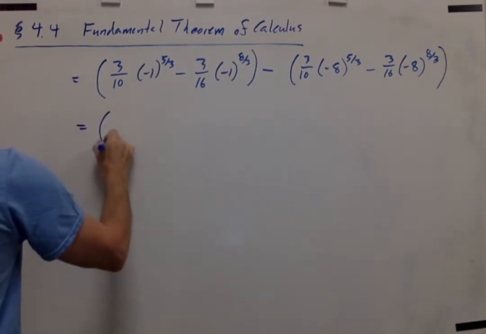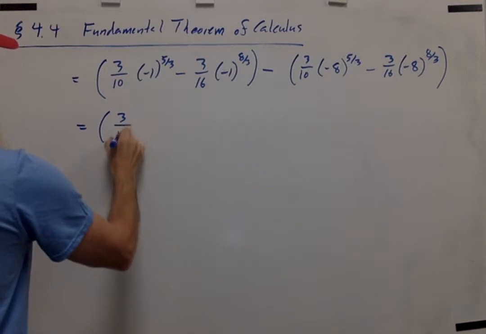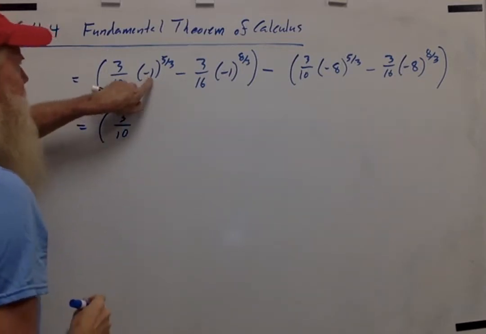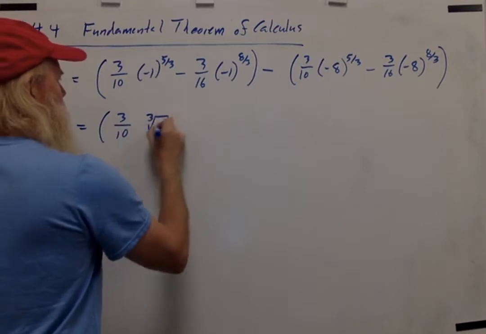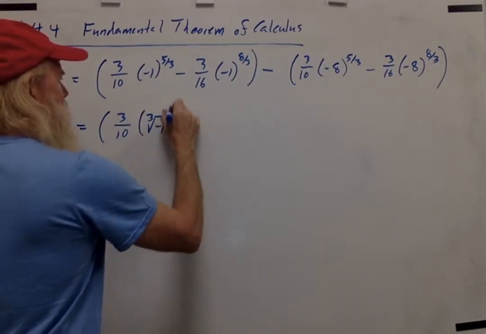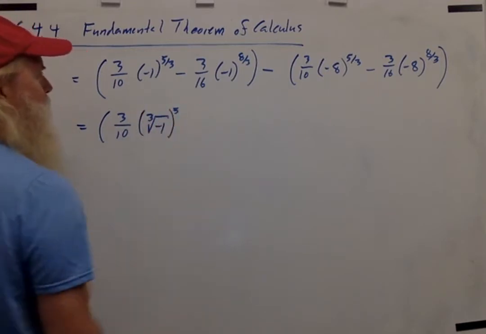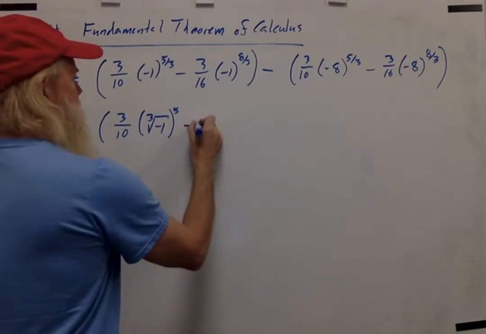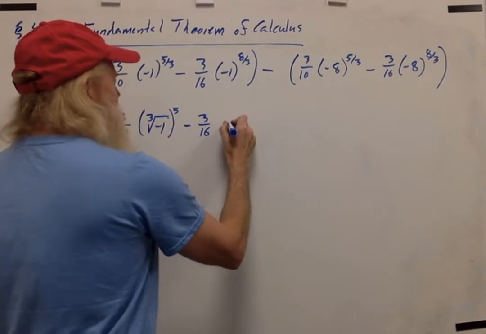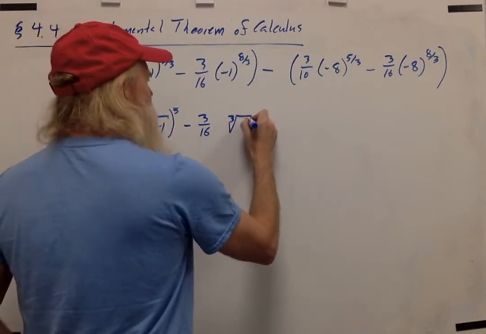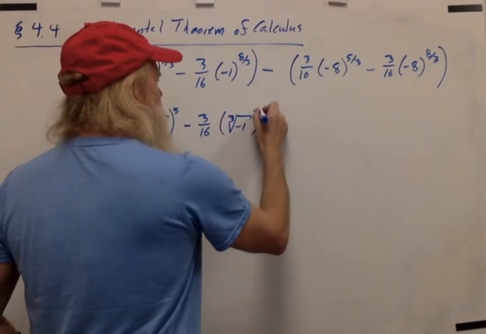First of all, let me remind you what these fractional exponents mean. Negative 1 to the 5 thirds means the cube root of negative 1 raised to the 5th power. Negative 1 to the 8 thirds is the cube root of negative 1 raised to the 8th power.